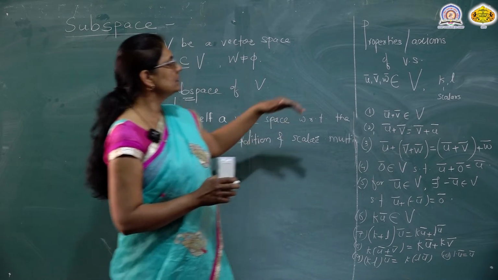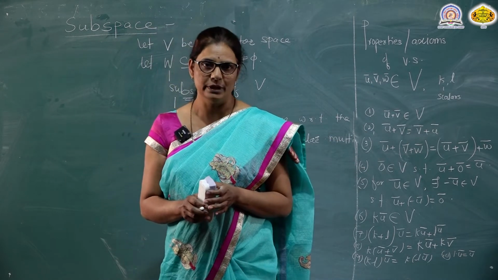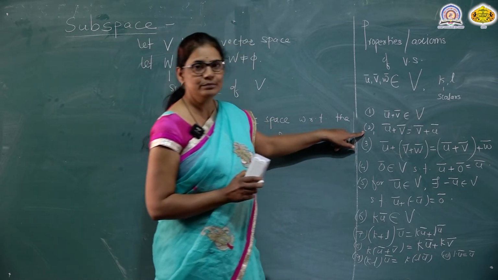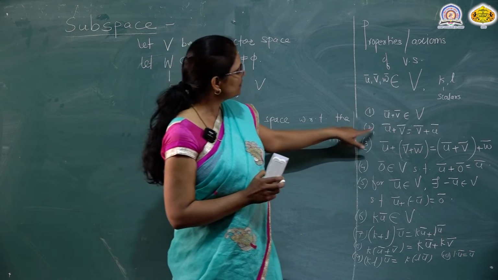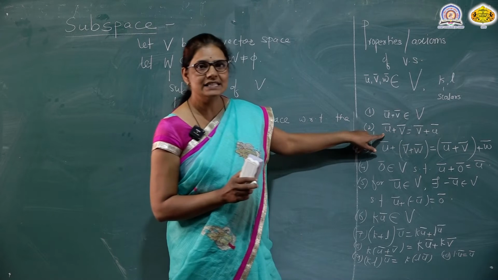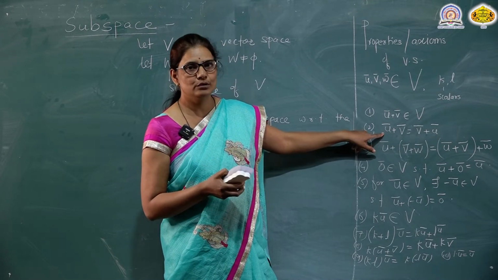But among these, certain axioms are inherited from V. For example, consider the second axiom, u bar plus v bar equals v bar plus u bar. If this axiom is true in V, then automatically it is true in W also.